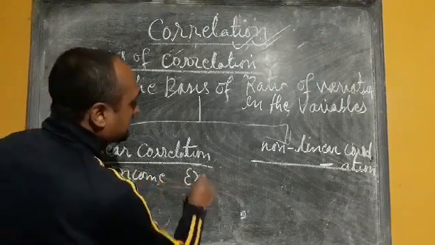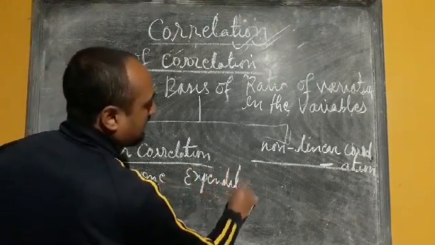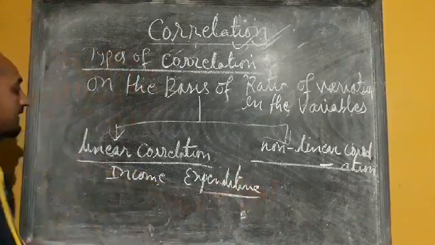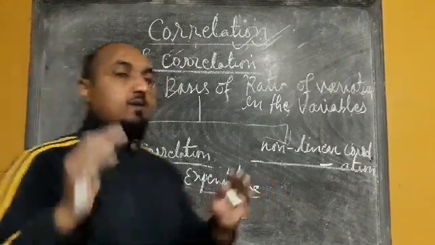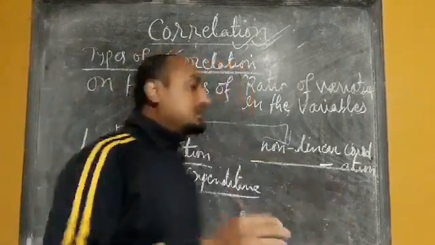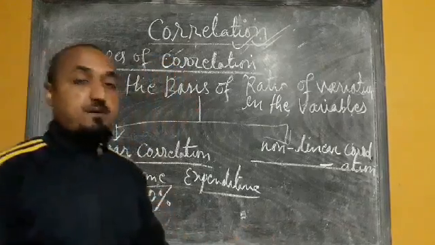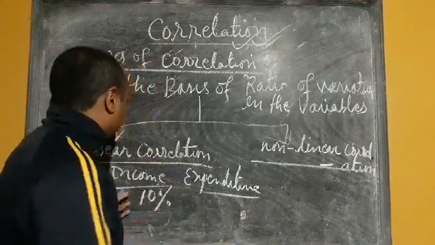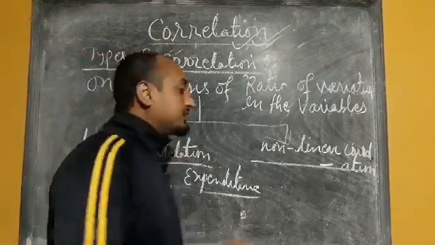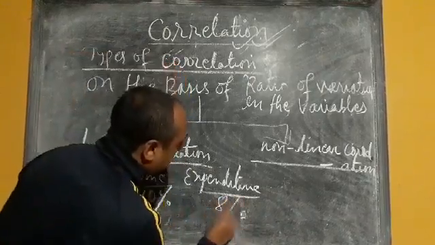and, suppose, expenditure. Now suppose if the income is increasing by 10%, and every time due to the change in income, your expenditure is changing by suppose 8%.